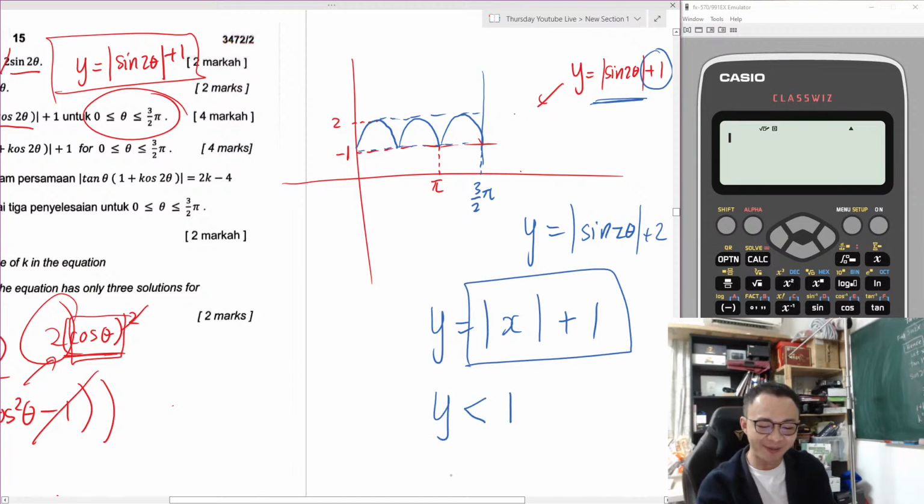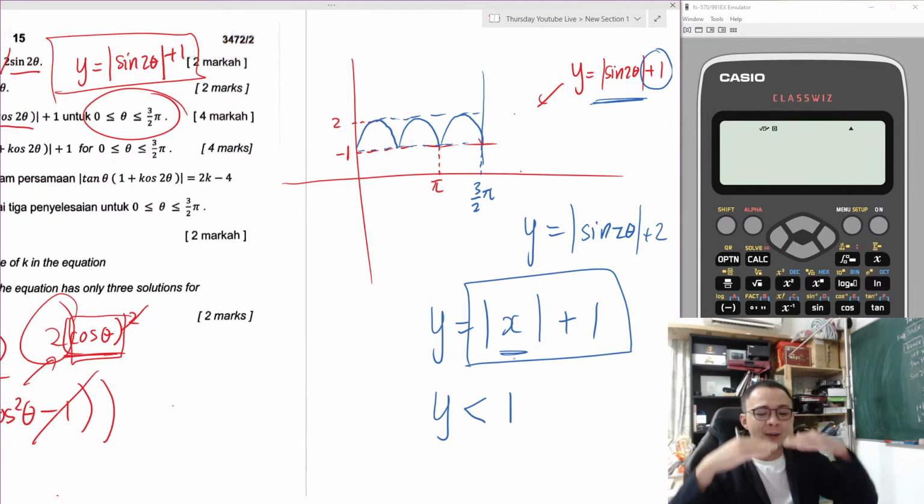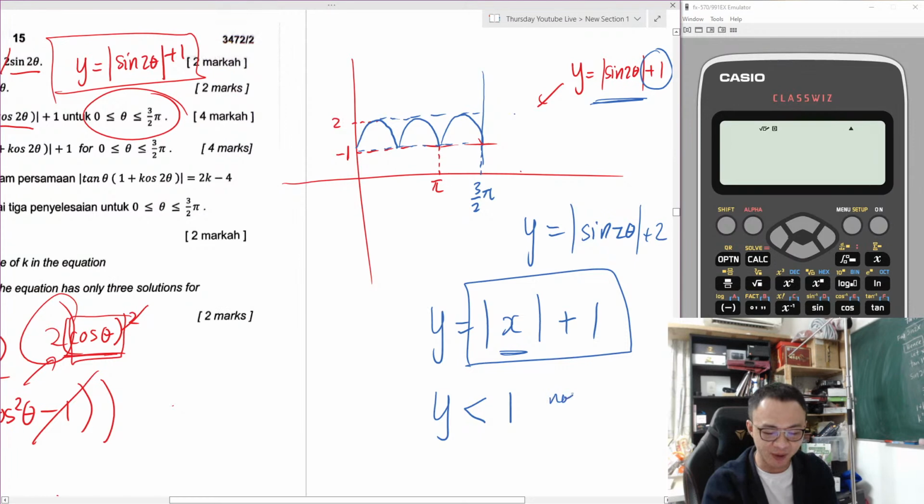There's no way, because it's modulus x. No matter what my x value is, my value is always above 1. So this is not possible. You can try. You can say, sir, I don't trust you, I want to put minus 2 here. Then the modulus becomes plus 2, and 1 plus 2, you get 3.